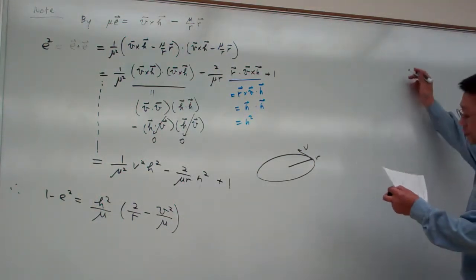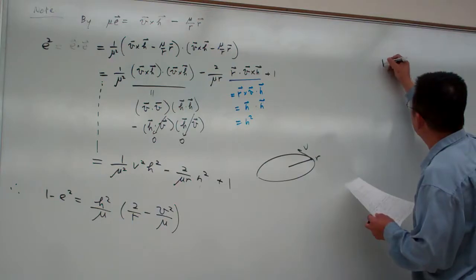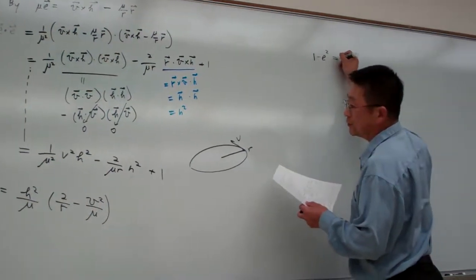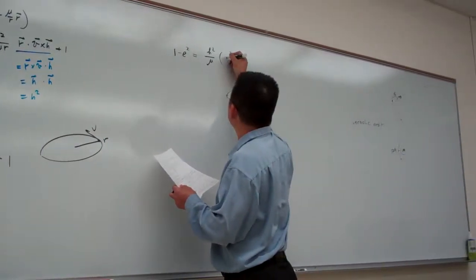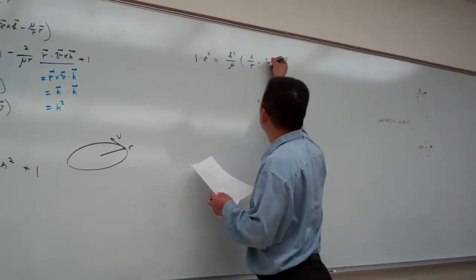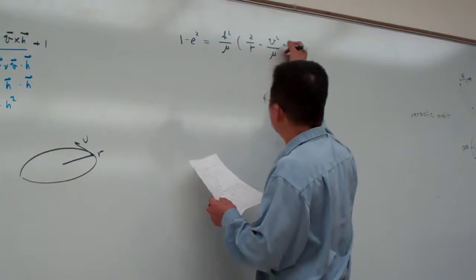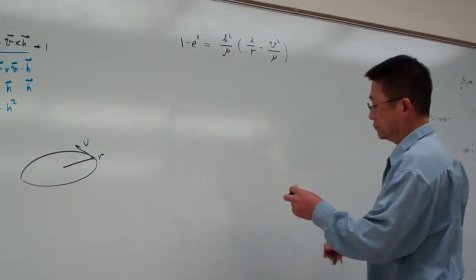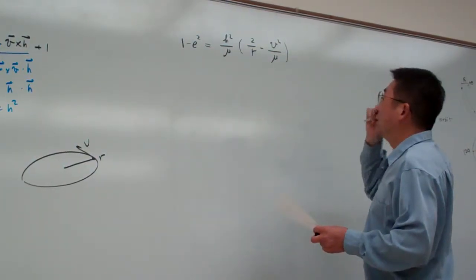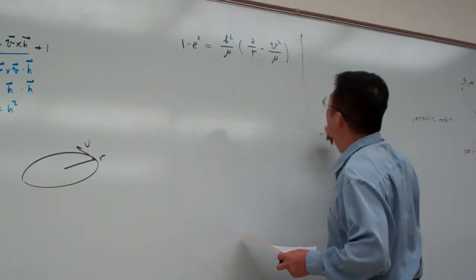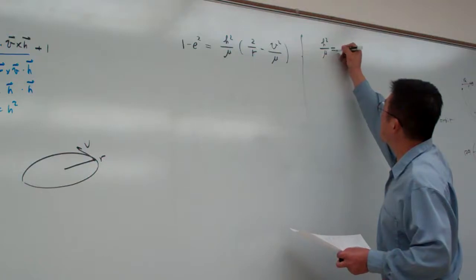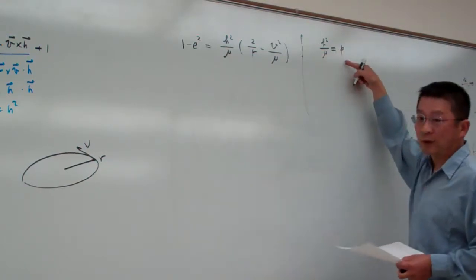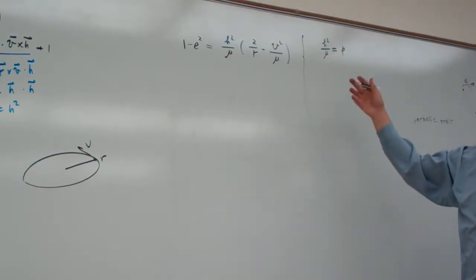Let me rewrite that equation here: 1 minus E squared equals H squared over mu, times 2 over R minus V squared over mu. In these equations, we have this H squared over mu. That is our definition of P, the parameter we saw just a few minutes ago.